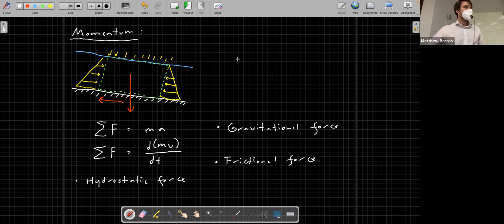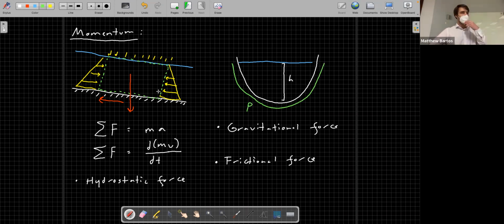So for completeness here, let me draw a cross section. Again, we have the depth of the water in the channel, which I'll call H. We have the wetted perimeter, which we're going to need, which I will call capital P. And we also need the depth of the centroid of this area for a reason you'll see soon.